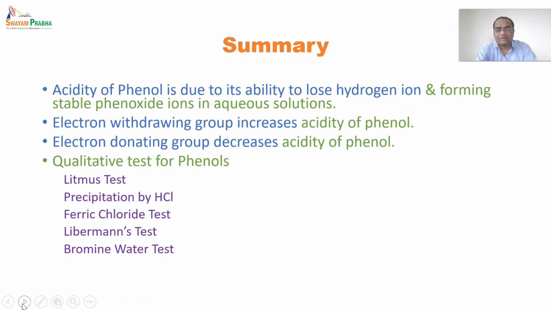After that we saw the bromine water test, in which tribromophenol is formed as a precipitate. After that we saw the phthalein dye test, in which phenolphthalein is formed, which is colorless at the end.